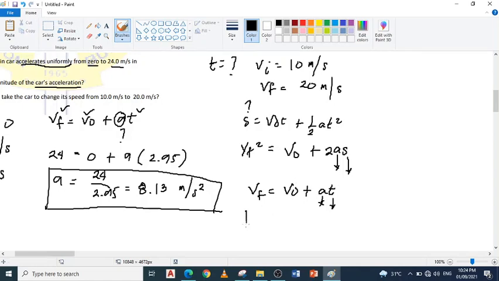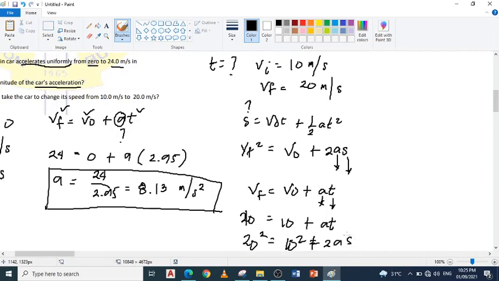So Vf, say 20, is 10 plus at. Then here, 20 squared equals 10 squared plus 2as.